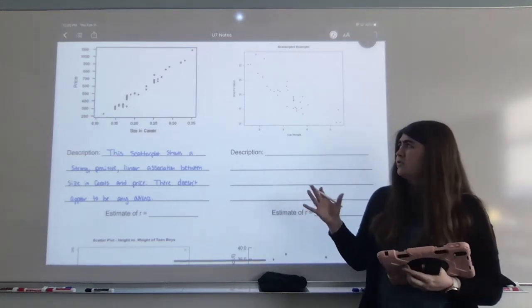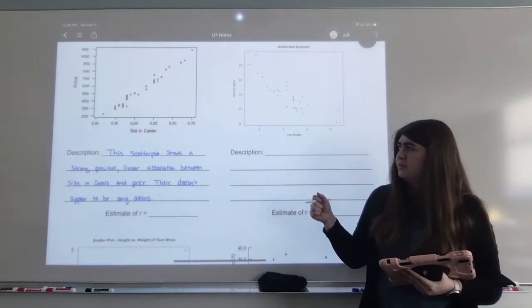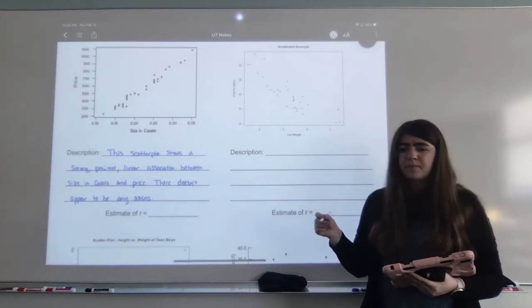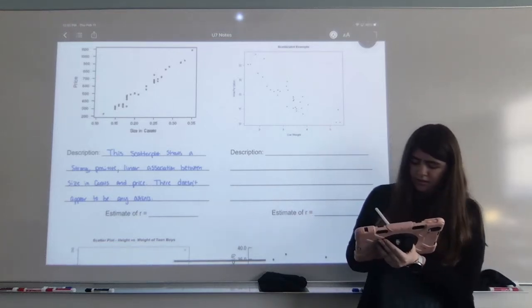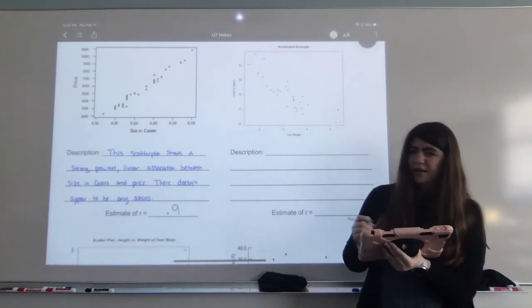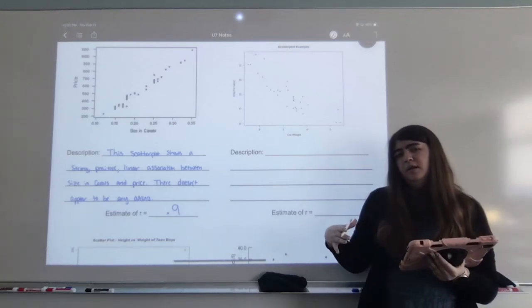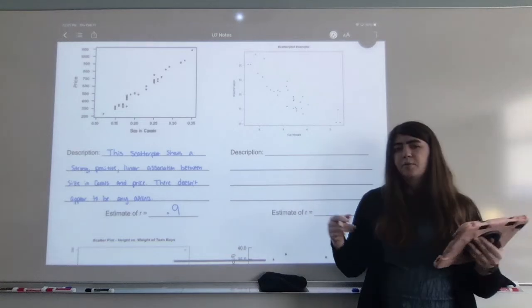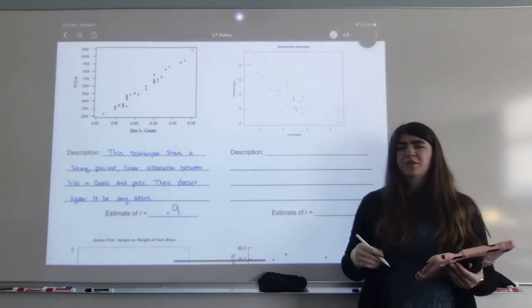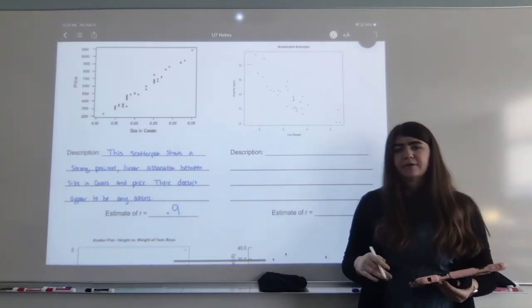And it's pretty strong. It's a pretty obvious line as we look at it. So I'm going to say that that's 0.9. And again, that's just an estimate. It seems a lot closer on a scale from 0 to 1 to being a straight line as opposed to being totally scattered data with no patterns whatsoever.